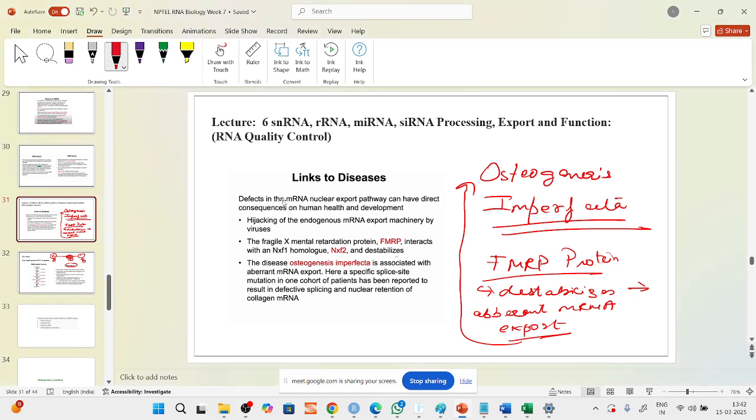You see here, the disease name is osteogenesis imperfecta, and this disease happens because the FMRP gene gets destabilized. Why does it get destabilized? Because it interacts with an NXF1 homolog, which is NXF2, and it gets destabilized. This disease is associated with aberrant mRNA transport and export.